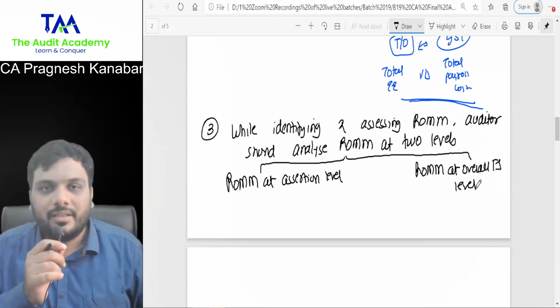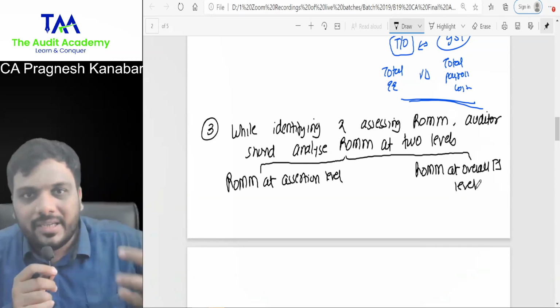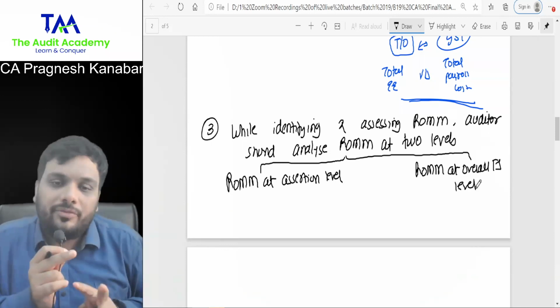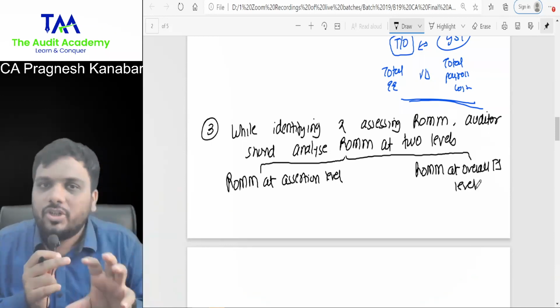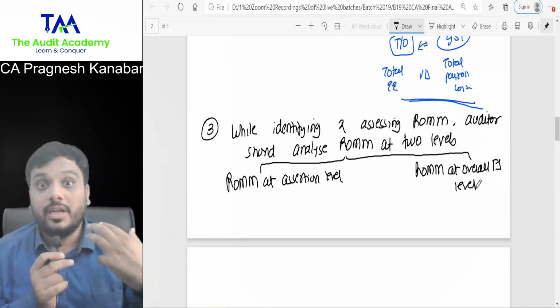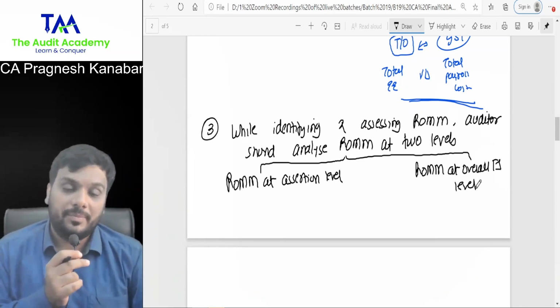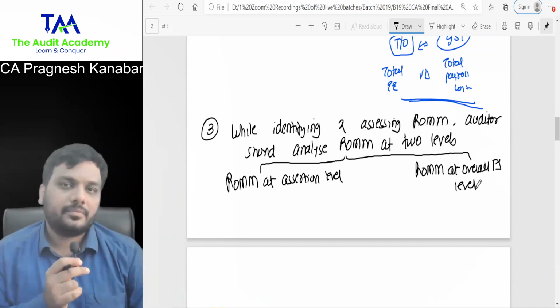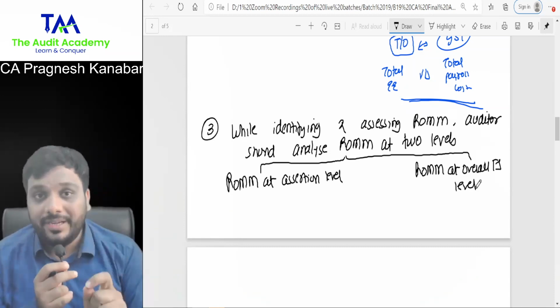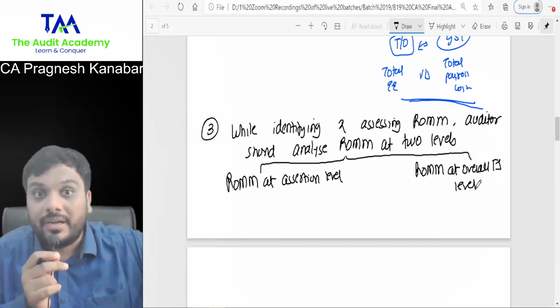All right. So when you are trying to obtain an understanding of the client's business and evaluating the system, you may find 2 types of risk. Some situations which may just show that this particular item can go wrong. And some situations which can indicate that the overall financial statement may be manipulated. For example, let us say 90% of the transactions of the entity are with related parties.